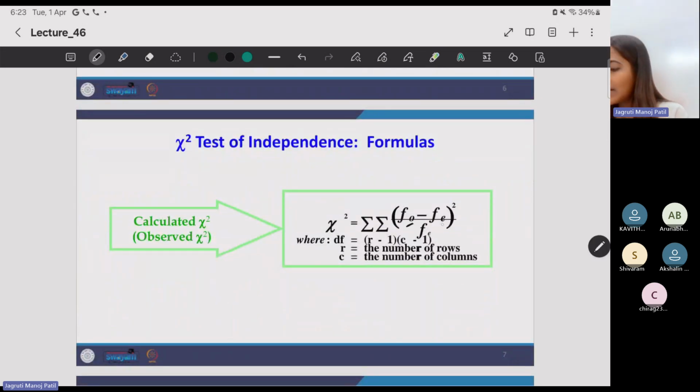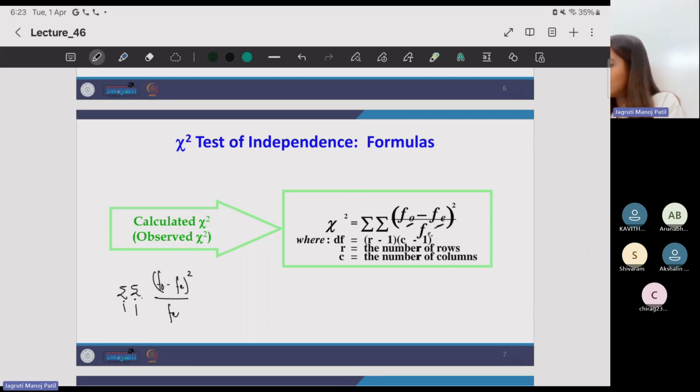The observed frequency minus the expected frequency, divided by the expected frequency. If the formula stands confusing, what it means is that the numerator is squared. So it is nothing but (F0 minus Fe) whole squared divided by Fe, summation row-wise, summation column-wise. Okay, that's it. This is how your chi-square test would go along.